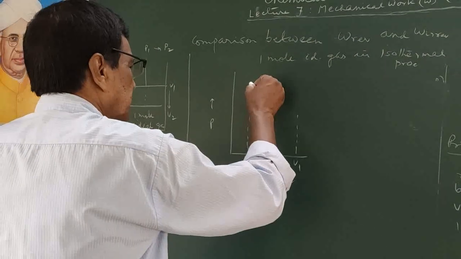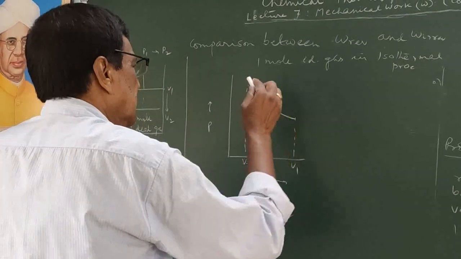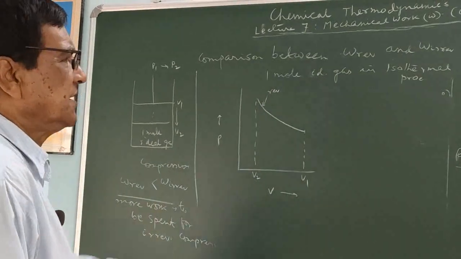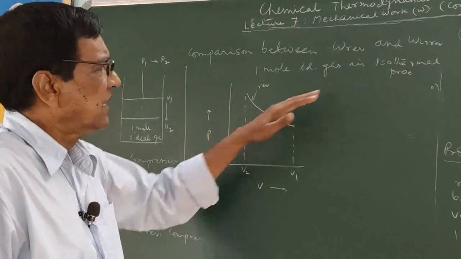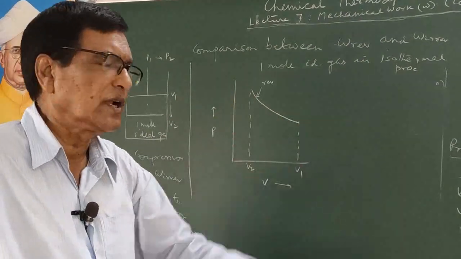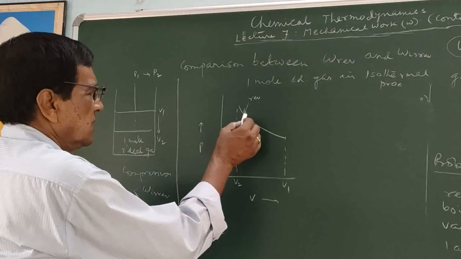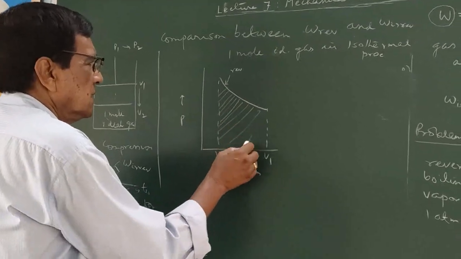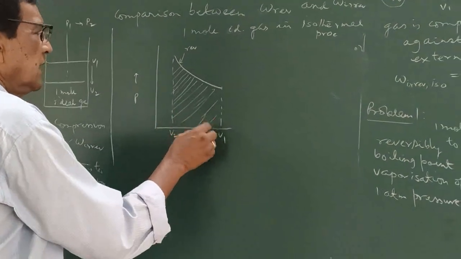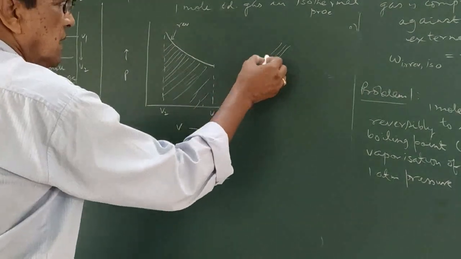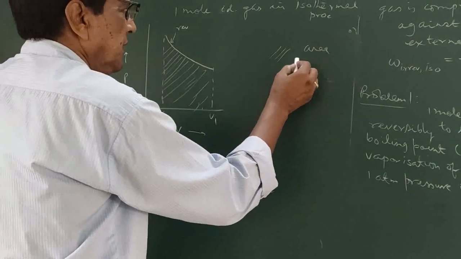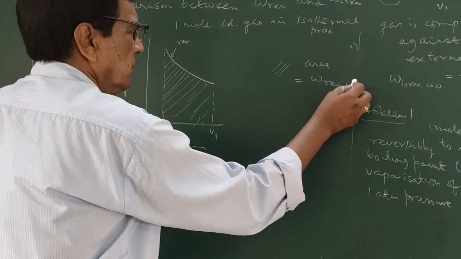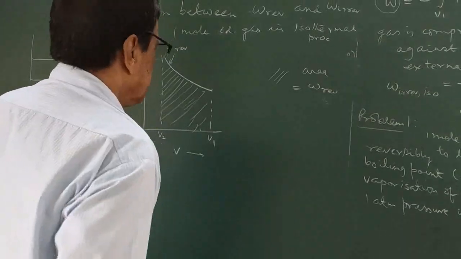And whenever the reversible process is done in isothermal way, reversible and isothermal, it will be the rectangular hyperbola, and this area is the amount of work done, equal to the work done in a reversible isothermal process.